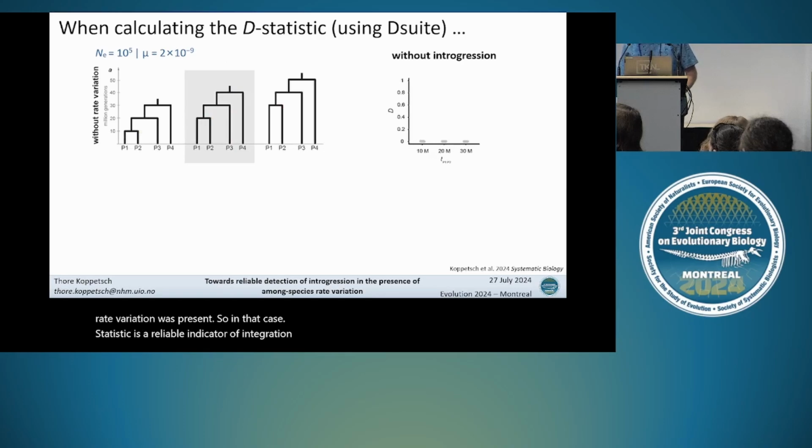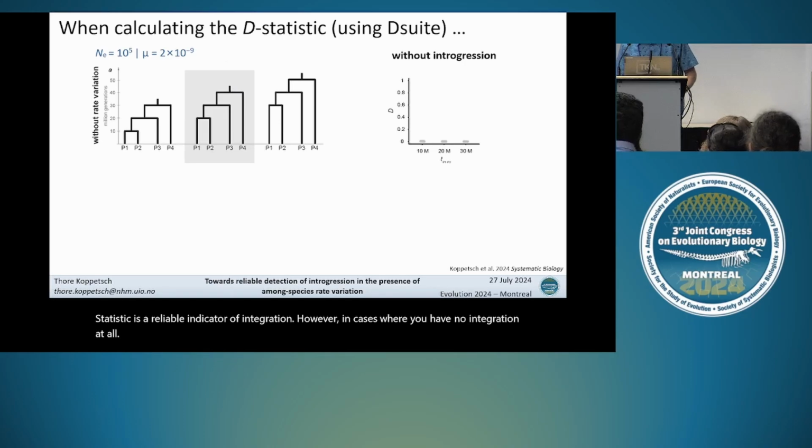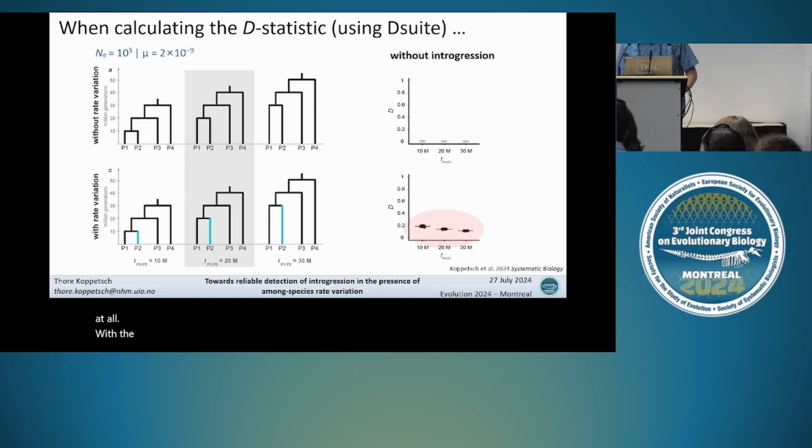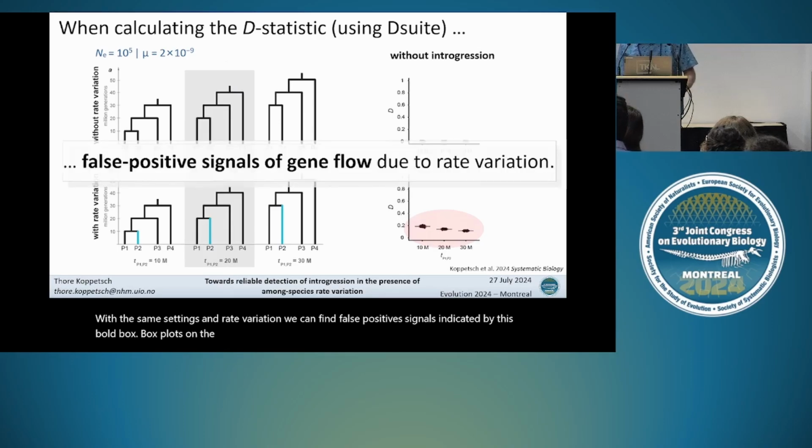However, in cases where you have no introgression at all, with the same settings and rate variation, we can find false positive signals indicated by these bold box plots on the right. So here we have false positive signals of gene flow due to rate variation.